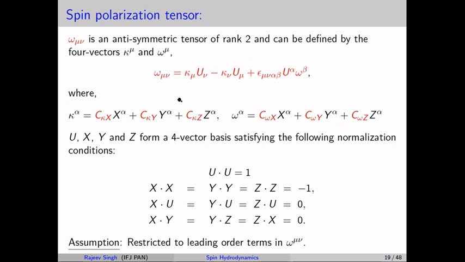And this U, the flow vector, along with 3 other basis vectors, can form the 4-vector basis, which can be used to do the projection method to get the behavior of each component, like C kappa x, C kappa z, and others. And these 4-vector bases satisfy these normalization conditions.